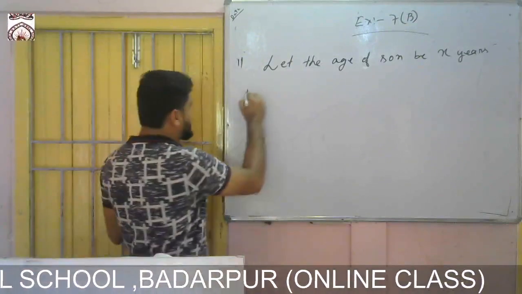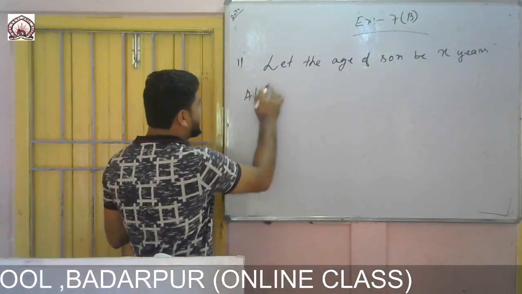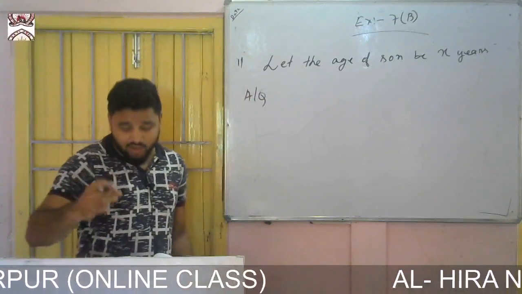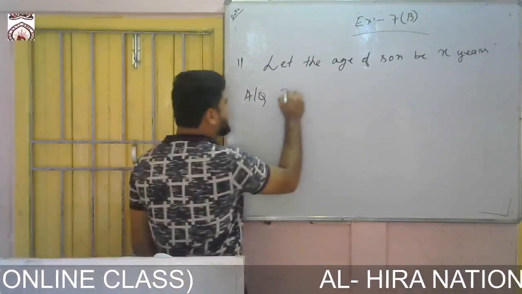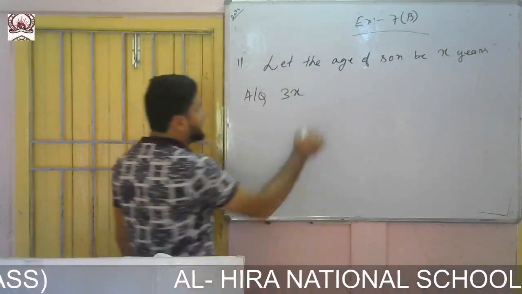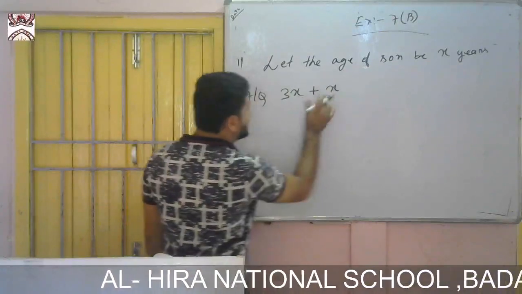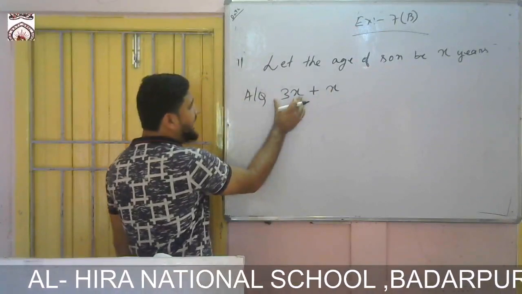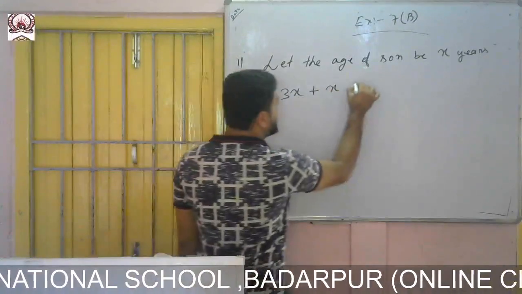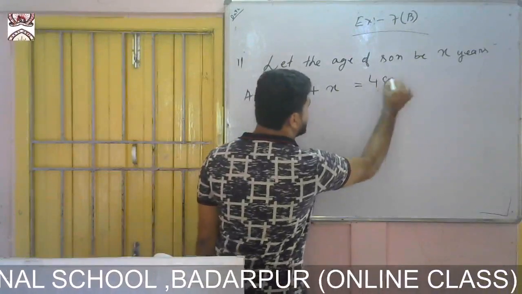So according to the question, his father, Mr. Grover, is 3 times as old as his son. 3 times means into X, as his son. Then plus his father's age and his age. If you add, then we'll get 48.